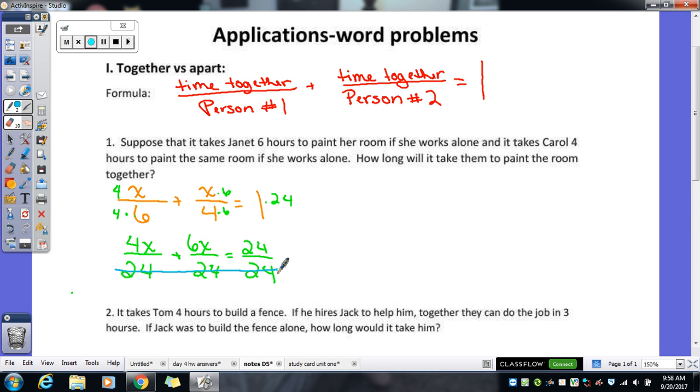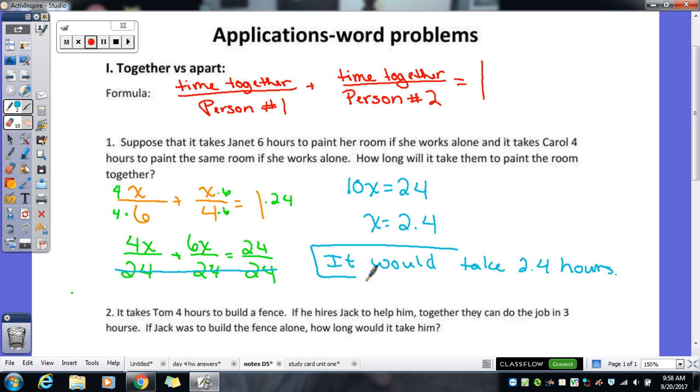So my 4x plus my 6x gives me 10x equals 24. Divide by 10, and x equals 2.4. So it would take them 2.4 hours.